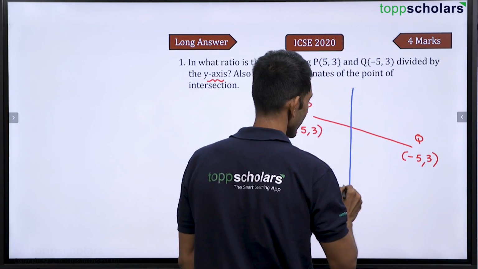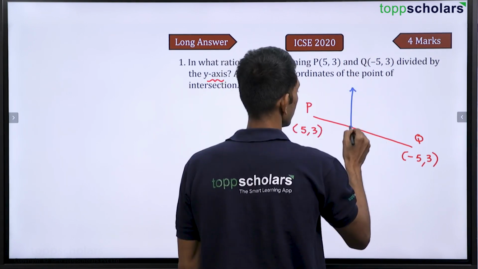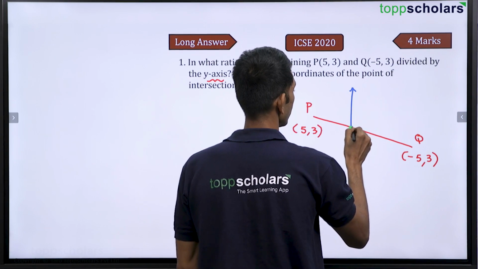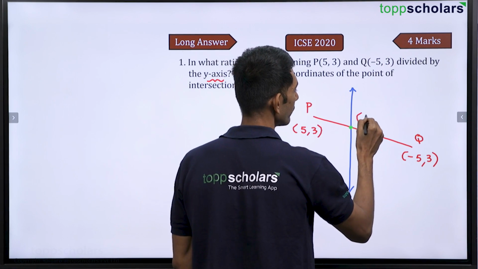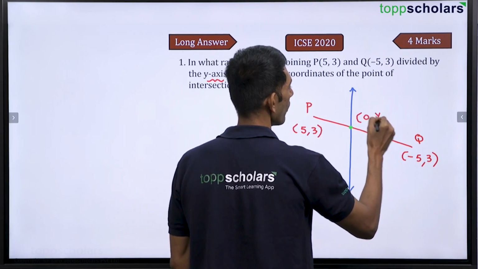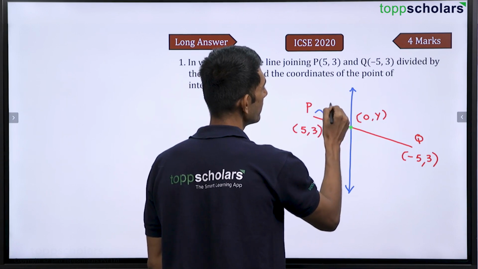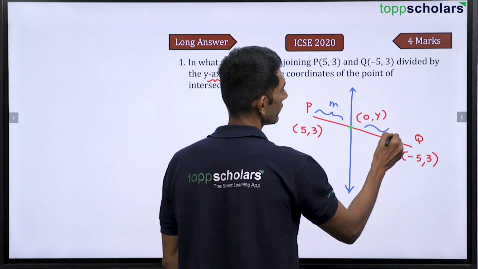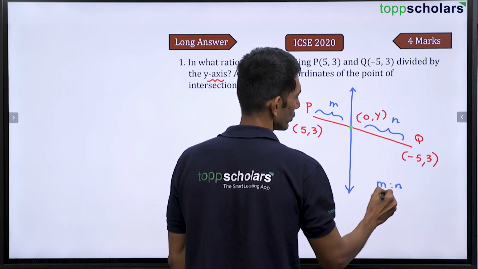So here we have the y-axis, and suppose there is a point here, and that point is on the y-axis. So can I say this point is of the form (0, y), and we are supposed to find out the ratio, that is m and this is n. M is to n is what we are supposed to find out.